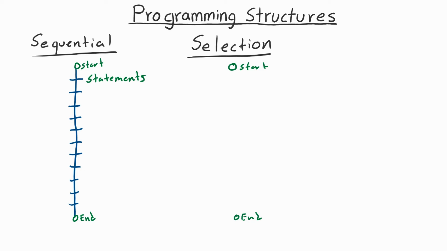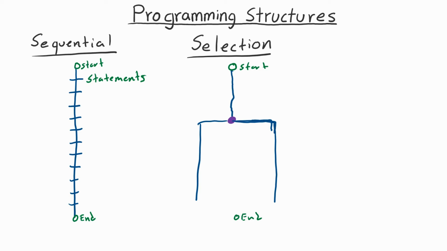So what do I mean? You start off again, you wake up, you brush your teeth, you do all these things. Then you get to a point where you have to make a decision, and you take either one sequence of statements or some other sequence of statements. So you have to decide whether you go left or right.